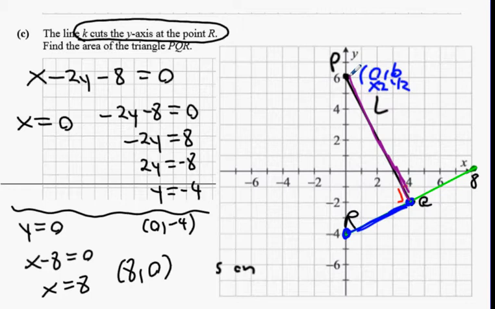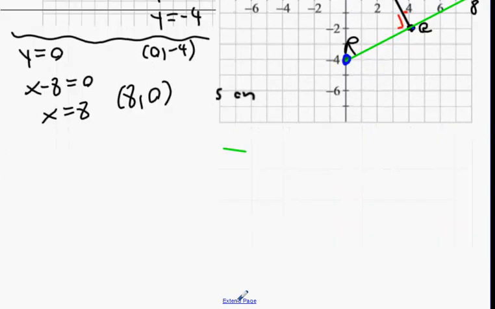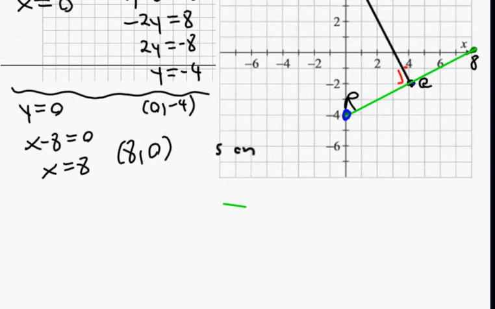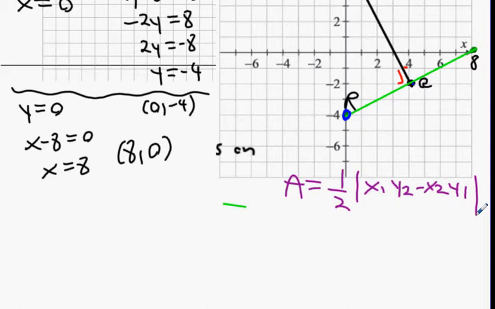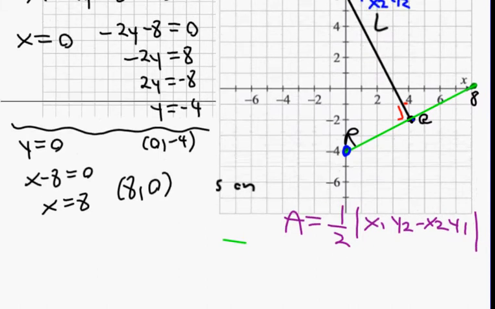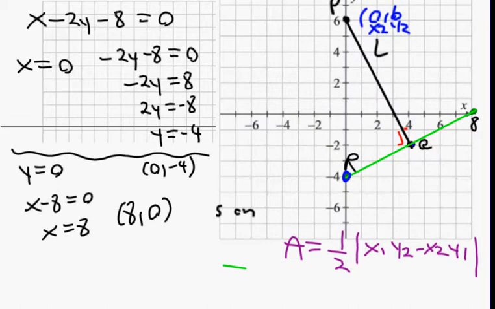What I would have done, and what most of you decided to attempt to do, was go to your geometry formulas and write down A equals a half x1 y2 minus x2 y1. Can anybody tell me what's the problem with using that formula?